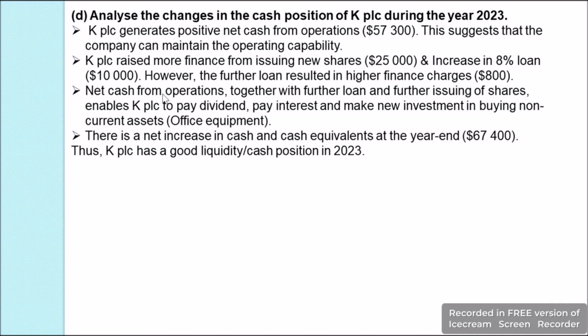Although there was net increase in our cash from operation, as well as further increase in the cash flow by means of loan and issue of shares, this was the reason why KPLC was able to pay the dividend as well as the interest, and it was also able to buy the new office equipment. Thus, there is net increase in cash and cash equivalent at the end of the year of $67,400. Thus, this shows that KPLC has a good liquidity position in the year 2023.